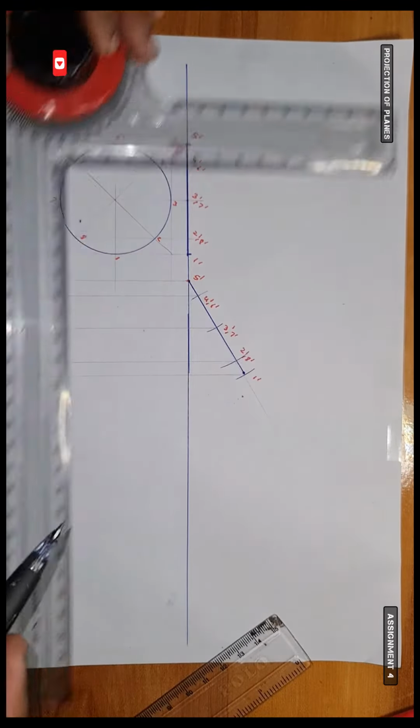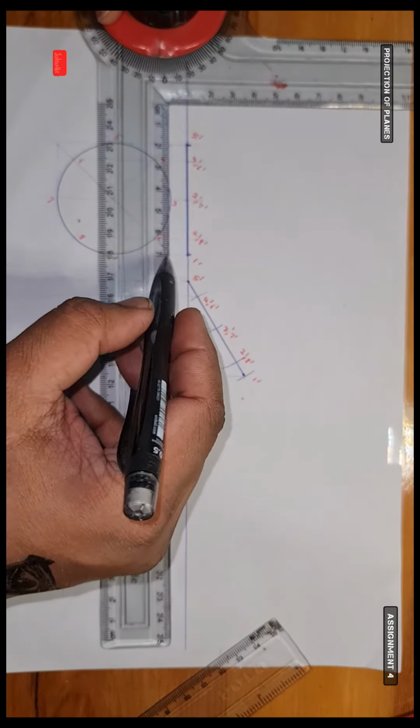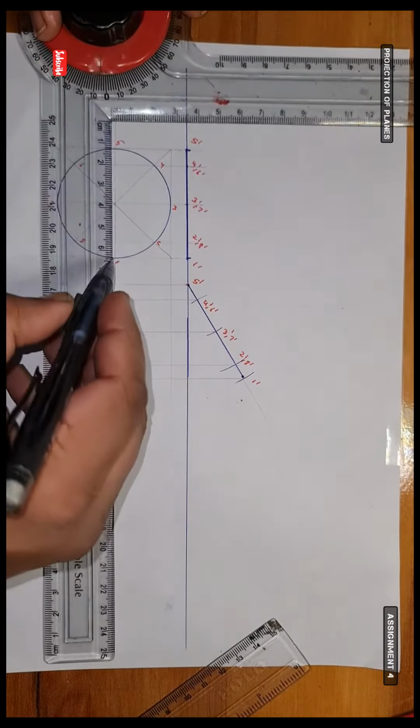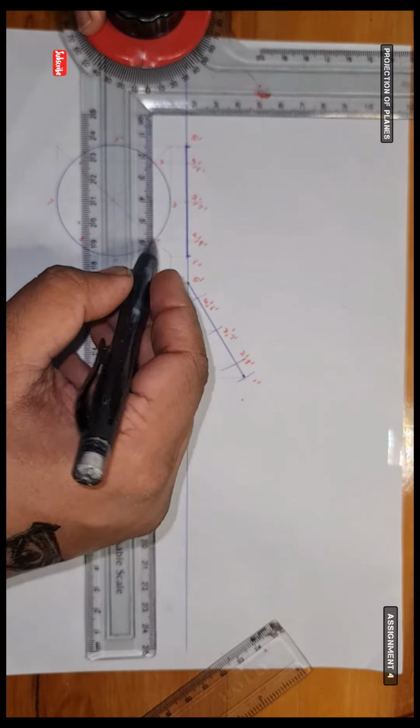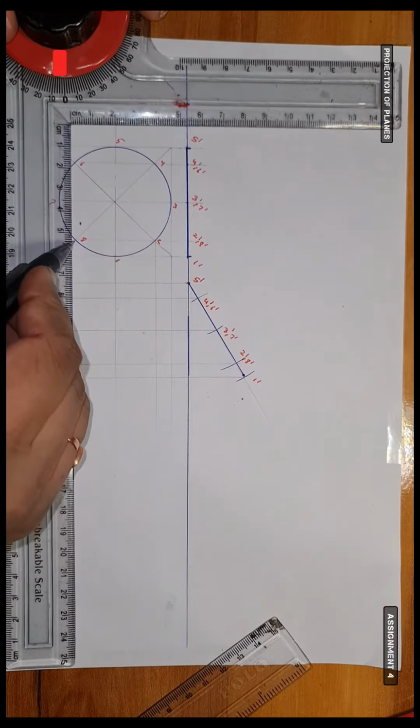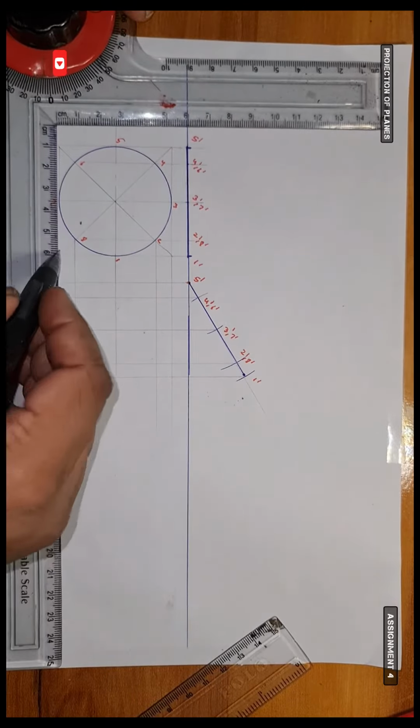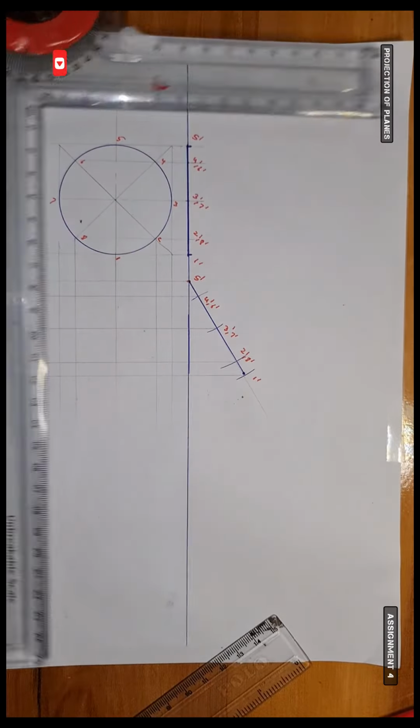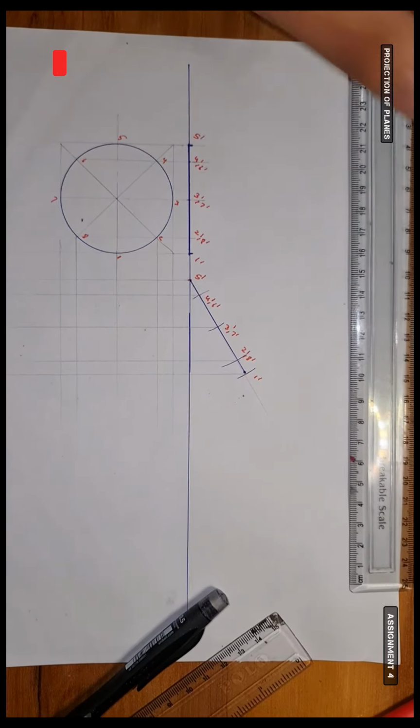Same thing is there, only the number of points have been increased in this question because of the circle. You can make a 30-60 division also, so the points will be increased.